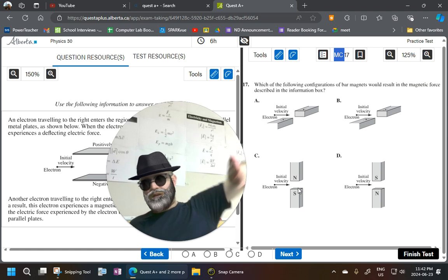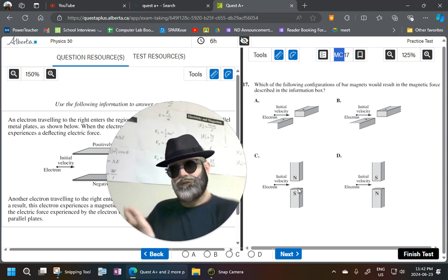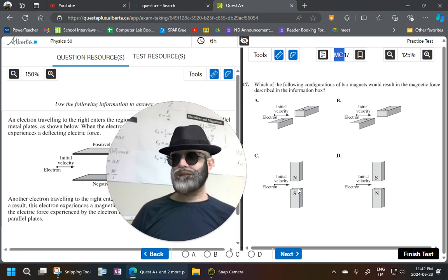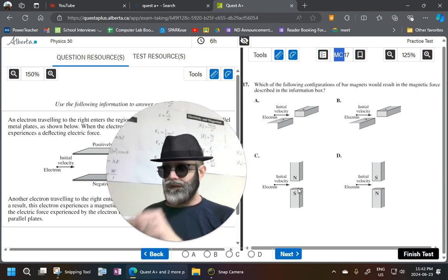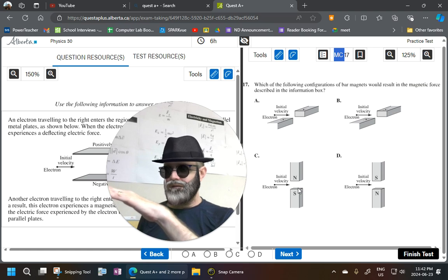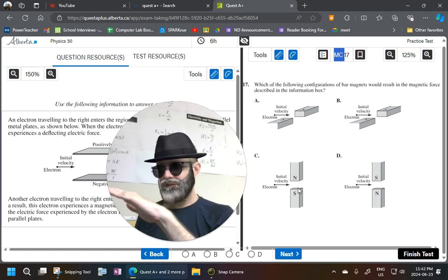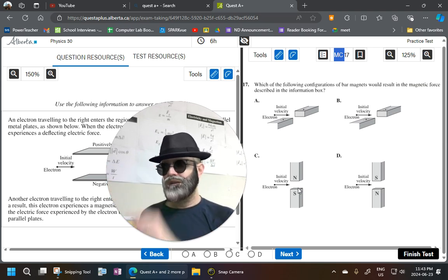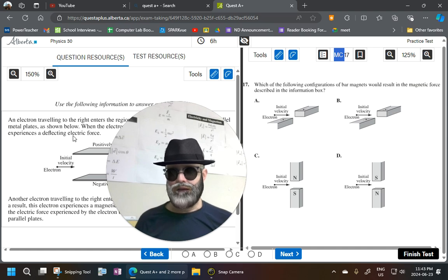So if I orient my hand in a way, then I could see that in B, the force is down, right? Because it's going from north to south. My thumb is in a direction, and my palm is downwards. So if I want an upwards motion, it's got to be A.